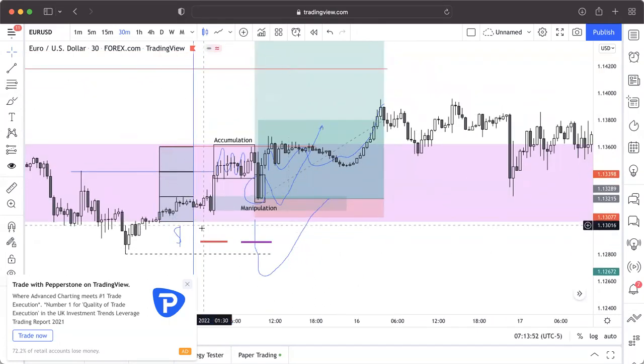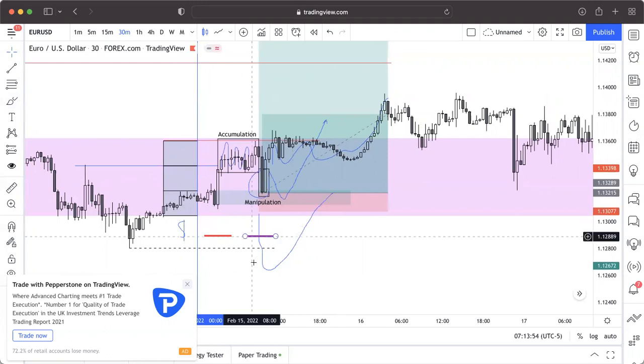Now it's a little bit different. So this is why I said it's possible for the market to trade down below this low, because now this is a little bit tricky, because the market did not take out the Asian low liquidity with the London open.